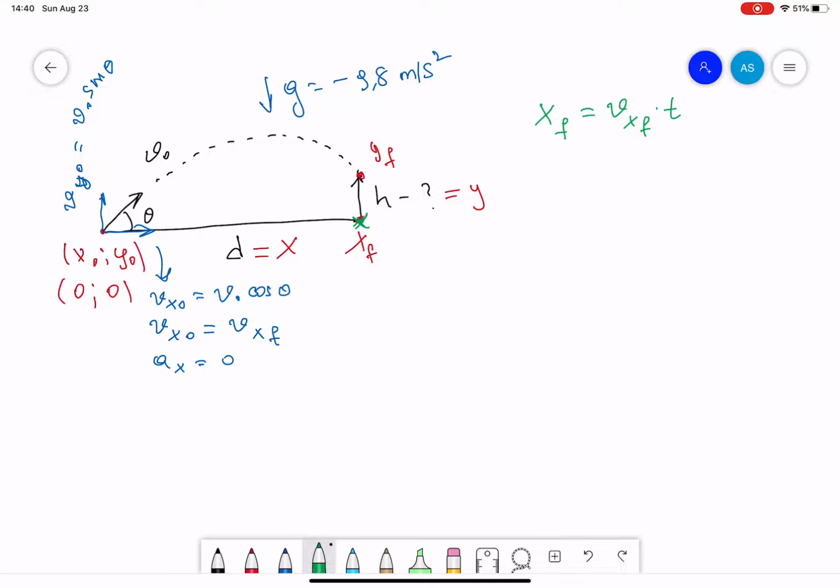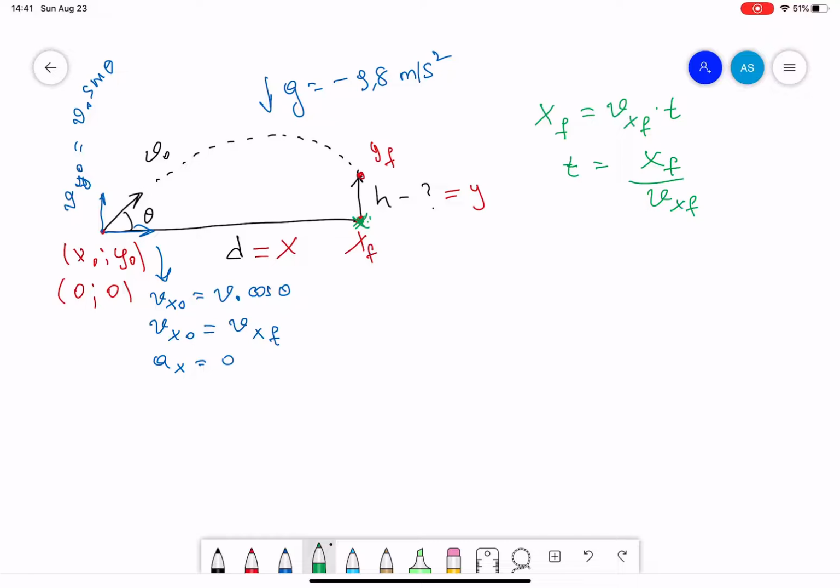That means the time needed to reach x final is t equal to x final divided by vx final.